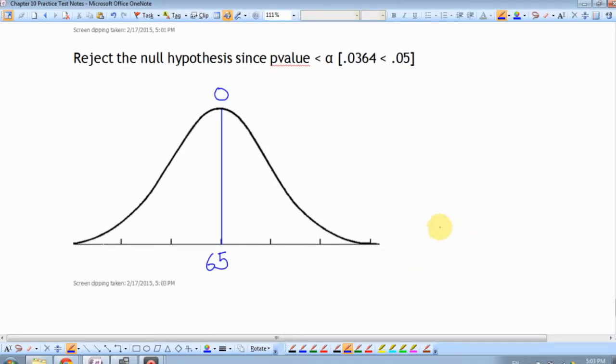T equals 2.42, and that was at 68.25. And that's our p-value right there.